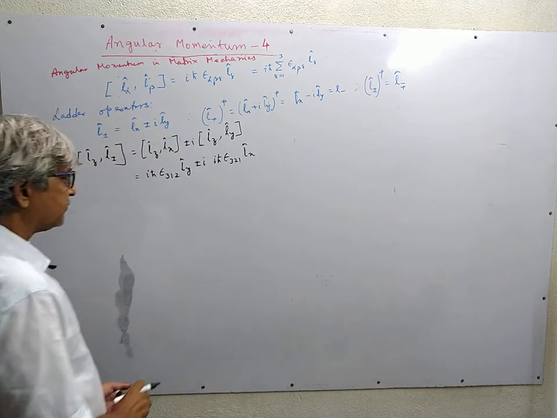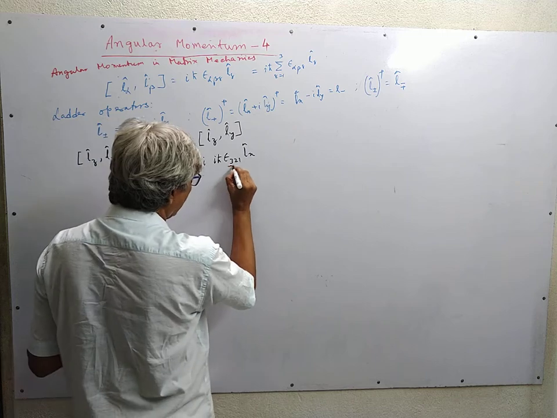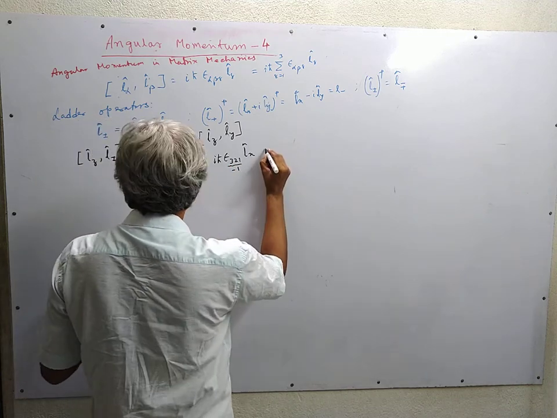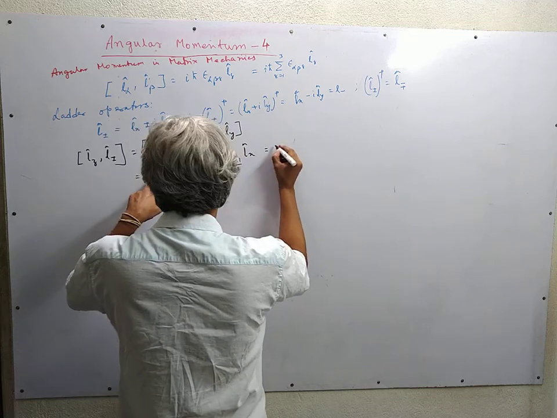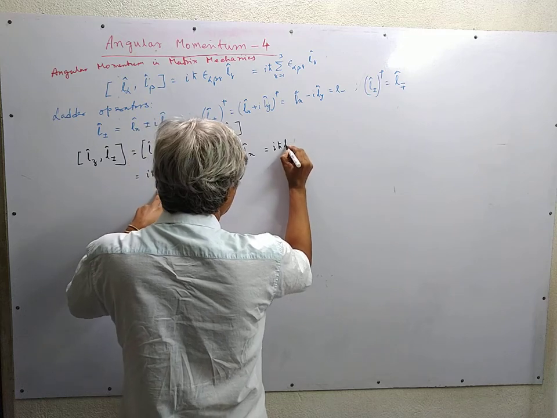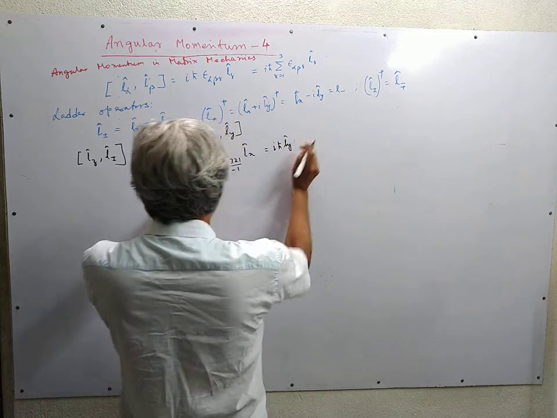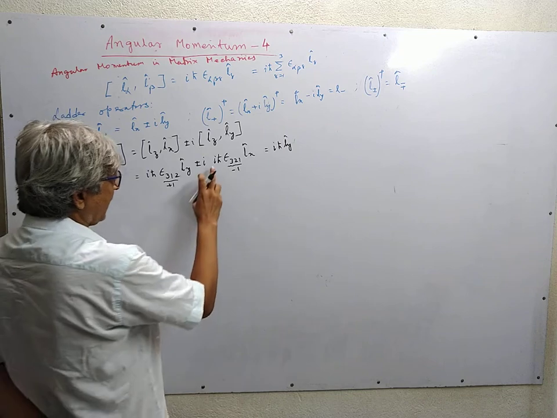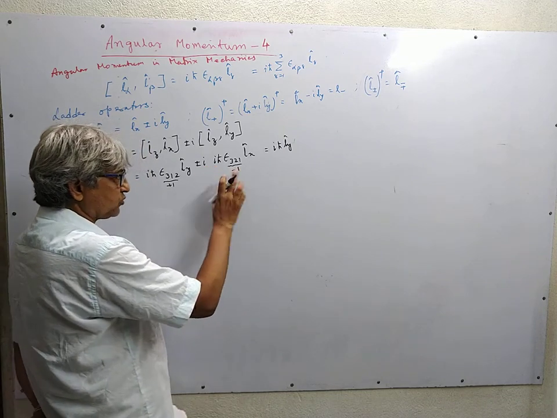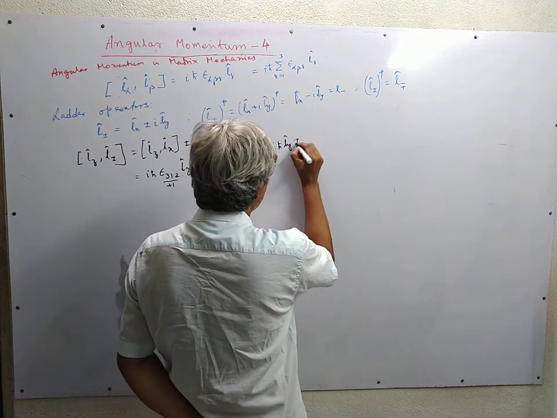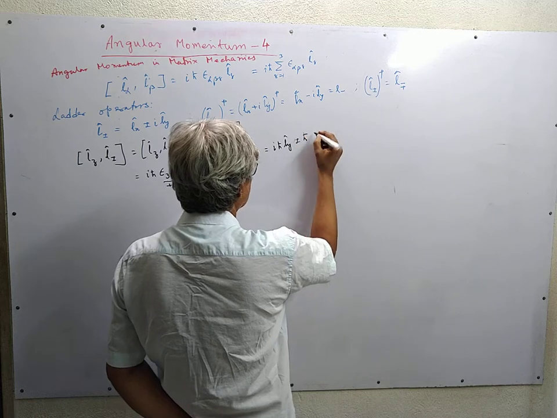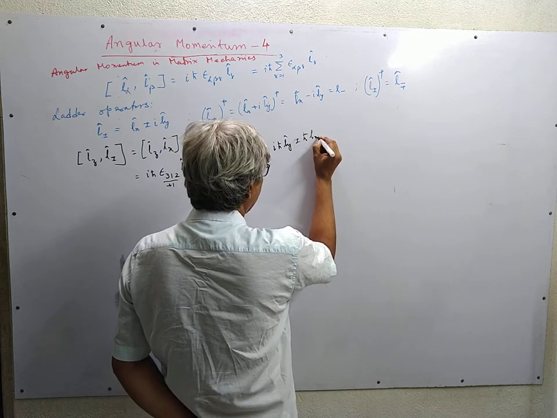Now what is the value of ε_312? This is plus 1, and ε_321 is minus 1. So we have iħ Ly, and this i squared is minus 1, and there is another minus 1, so this is plus or minus ħ Lx.